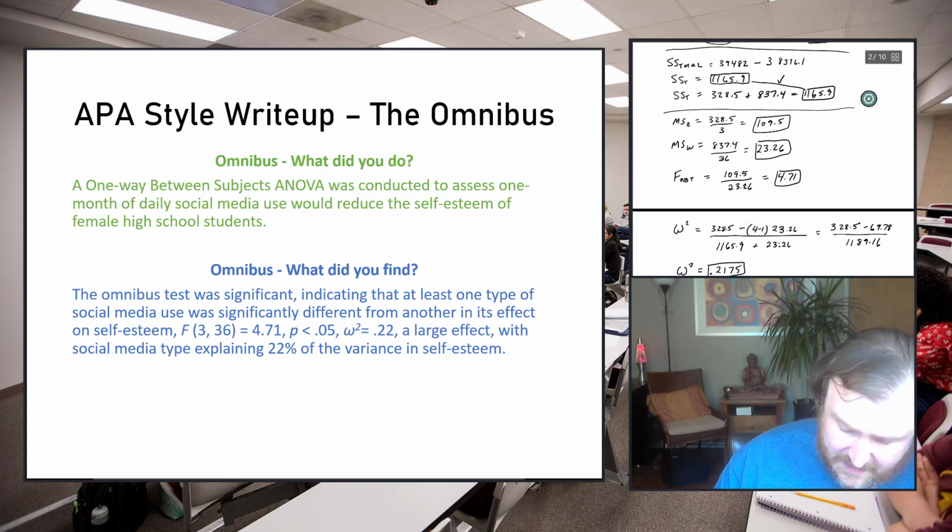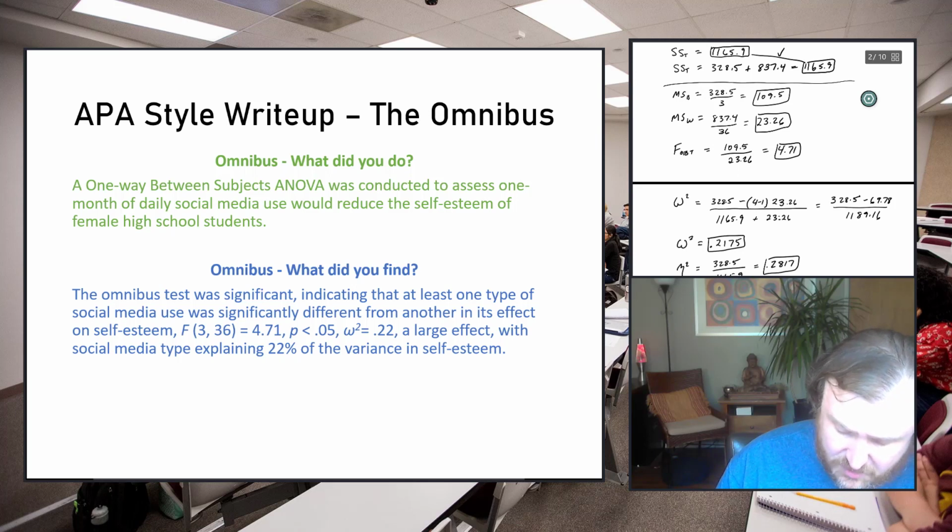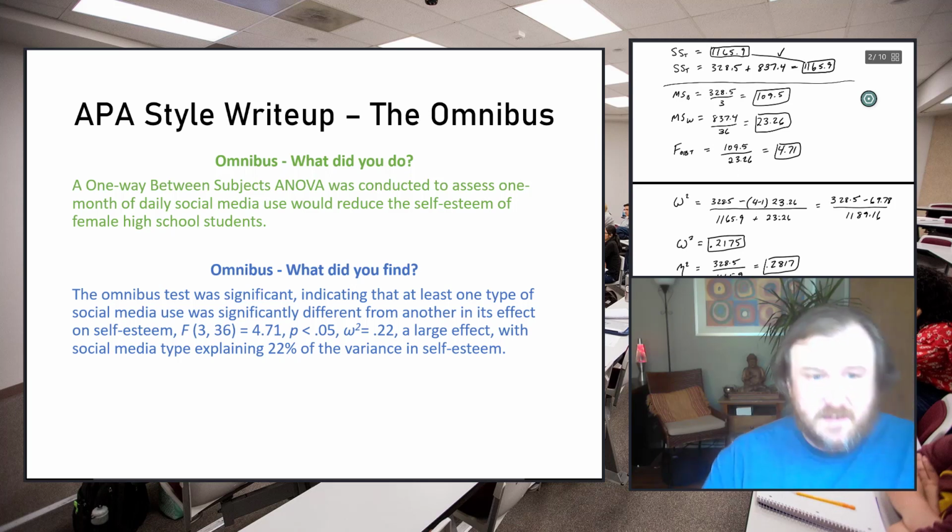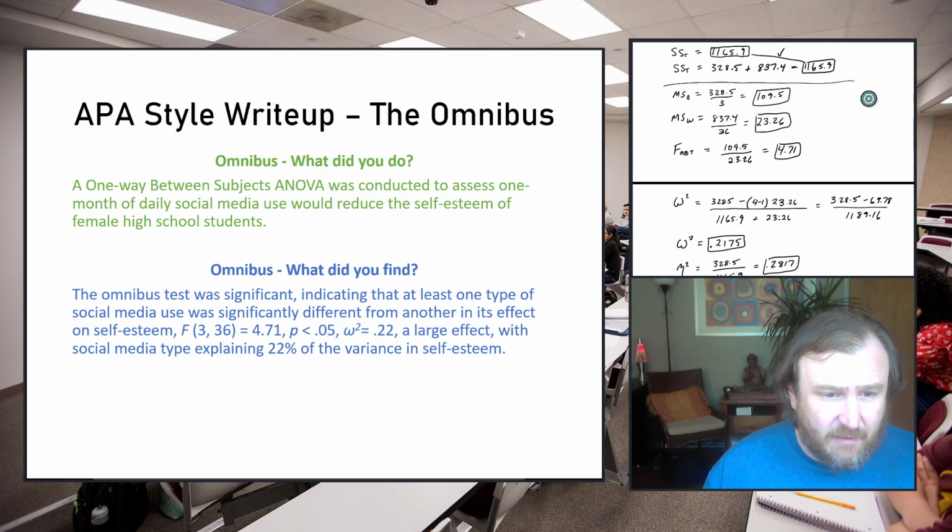If we come back down, you can see we rejected the null. That means it was significant. And what it indicates is that at least one type of social media use was significantly different from another in its effect on self-esteem. And then we report our F obtained value.